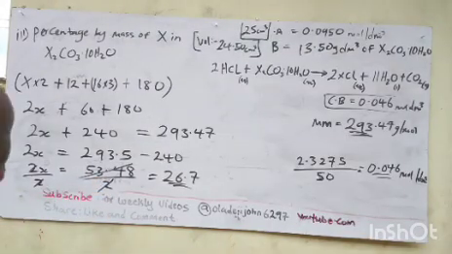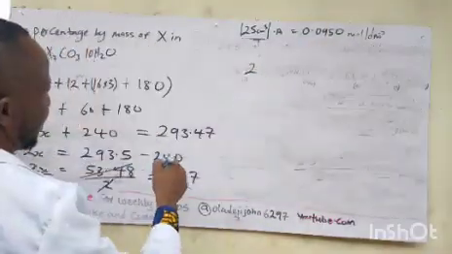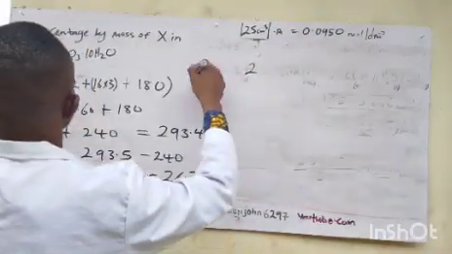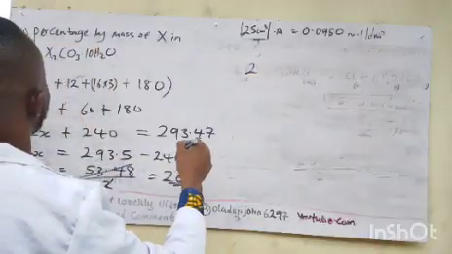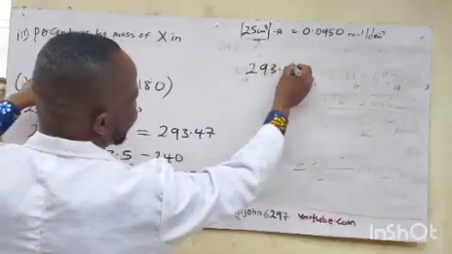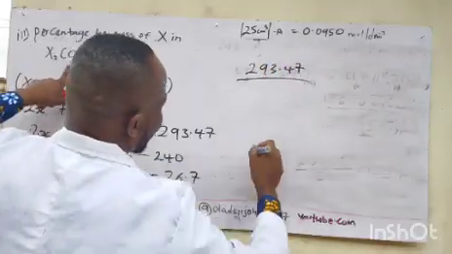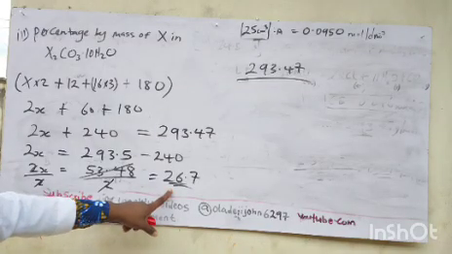So let's quickly check what we are going to get there. The molar mass, 293.47, over... the mass of X times 100.